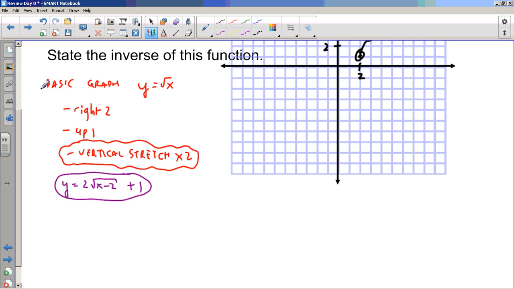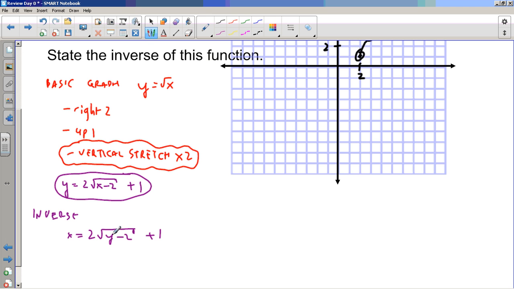Well, remember the technique is to switch x and y and then solve for them. And you can do these in either order. I'm going to try and find the inverse. We sort of talked about when we did logarithms that this already is the inverse, sort of stated implicitly.